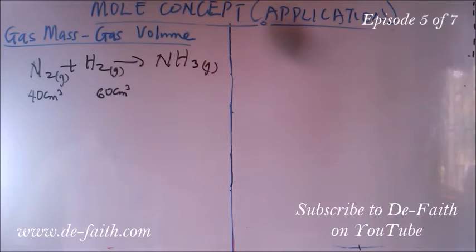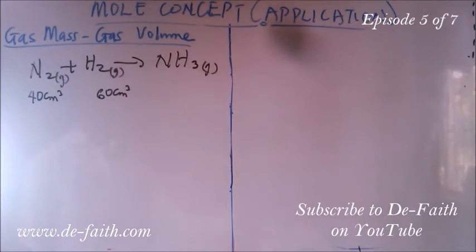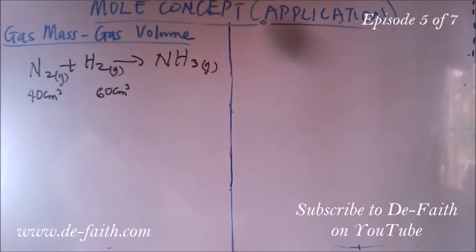We have to calculate the volume of unused and the volume of ammonia gas formed. Now for us to calculate this, it will take us to Gay-Lussac's law, which tells us that when gases react, they do so in volumes which bear a simple ratio to one another and to the volume of the product. And so that is what we are going to use to solve this.